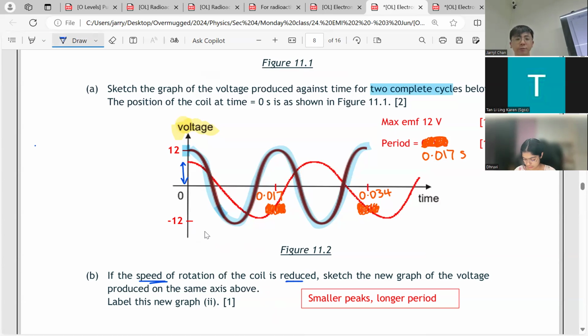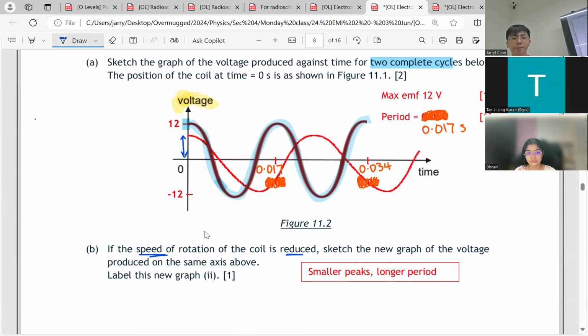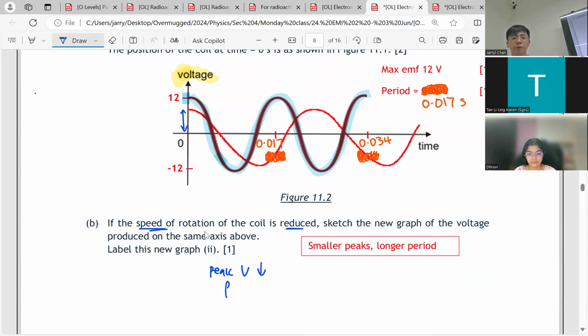Because the speed is reduced, two things. Number one, peak voltage drops. Number two, frequency drops. Frequency drop equals to period increase. Period increase or frequency drop can be thought of more simply as, I need to stretch my wave out longer. That's why my period increased.